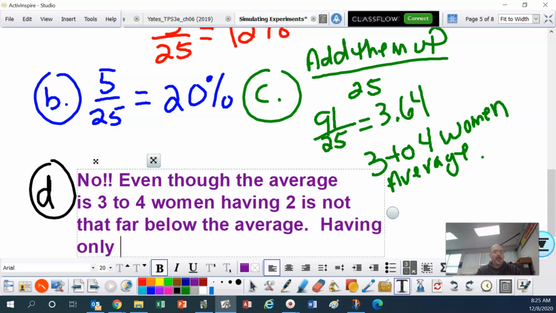Having only 2 women is not unusual. I don't think that is. Now, if the average was 5 or 6 women, then I think I would change my mind. But 3 to 4 and you have 2, that's so close, so close. All right, let's move on to the next one.